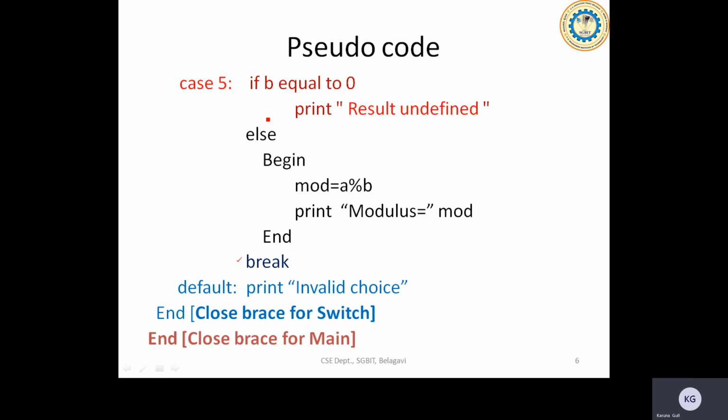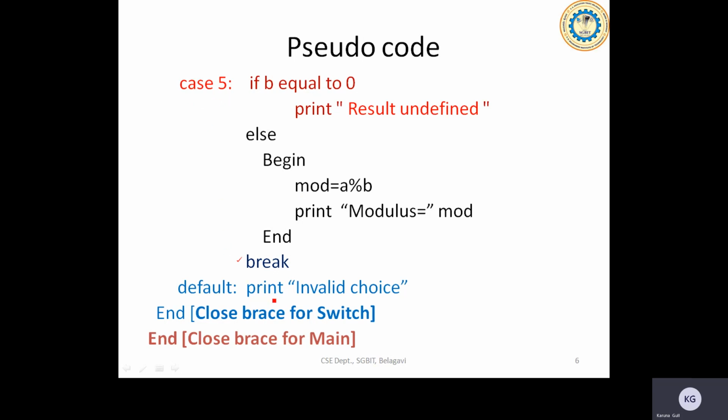If it is not true, it goes ahead with the else part, calculates the remainder, prints that, and we come out of the fifth case.